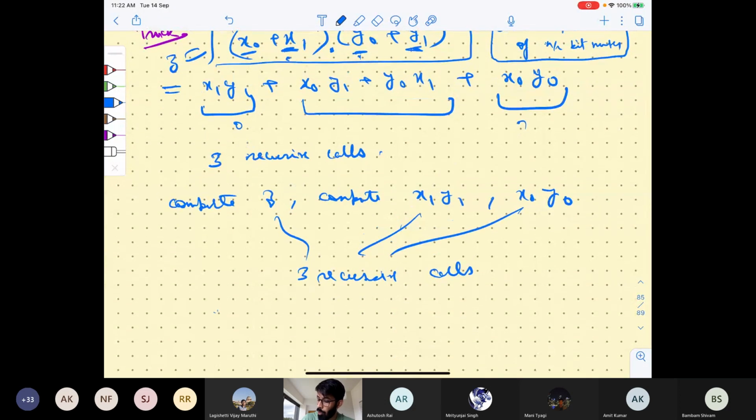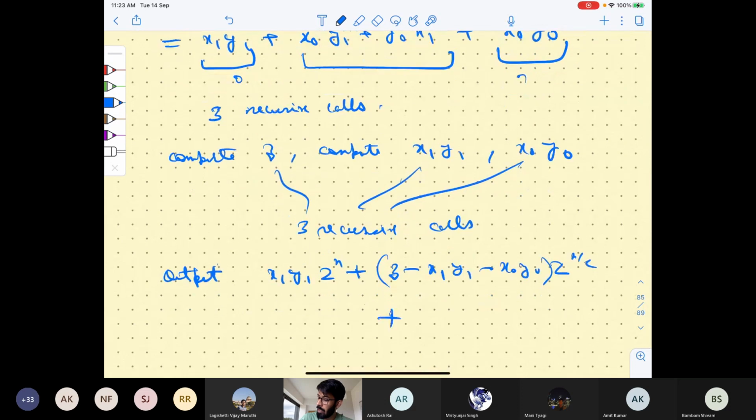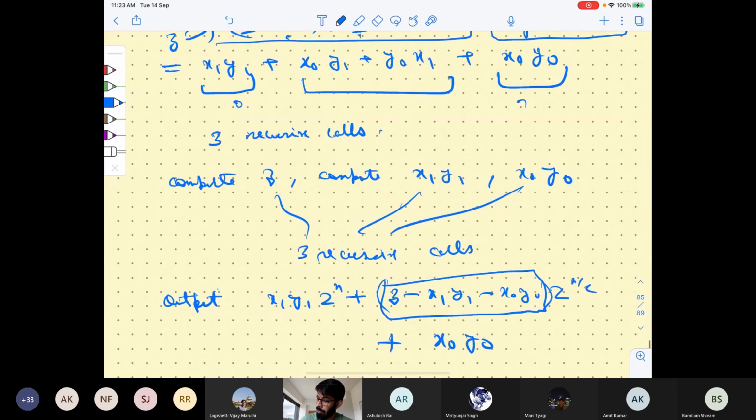You output x1 y1 times 2 to the n, plus z minus x1 y1 minus x0 y0 times 2 to the n over 2, plus x0 y0. And this number is exactly what we want here.